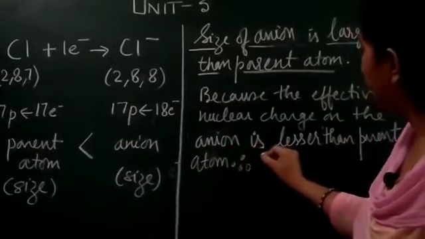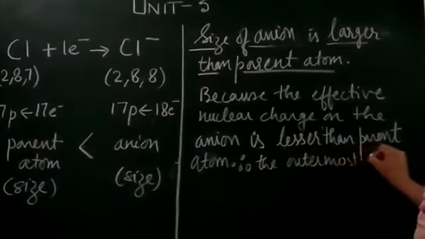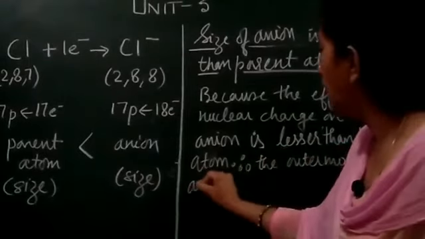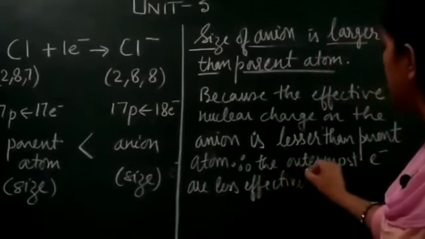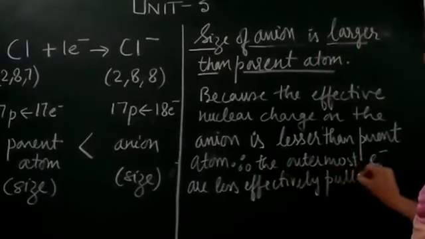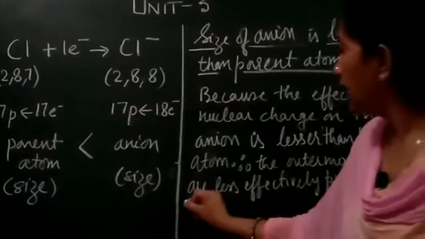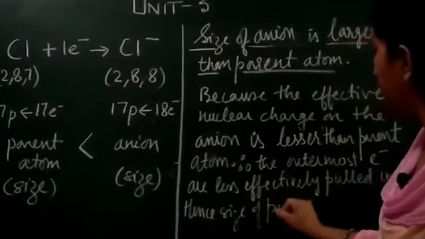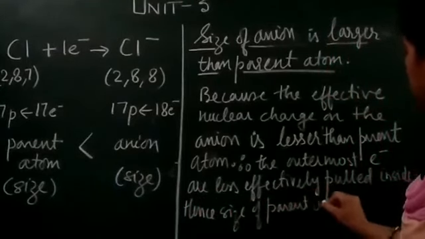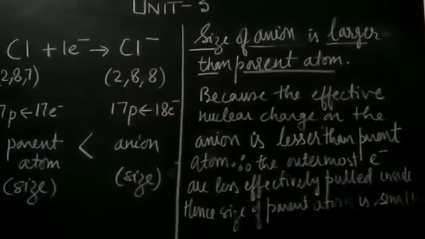Therefore the outermost electrons are less effectively pulled inside, hence the size of the parent atom is smaller. Right, students? So the size of anion is larger than the parent atom.